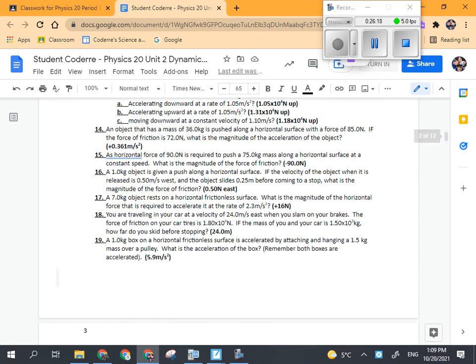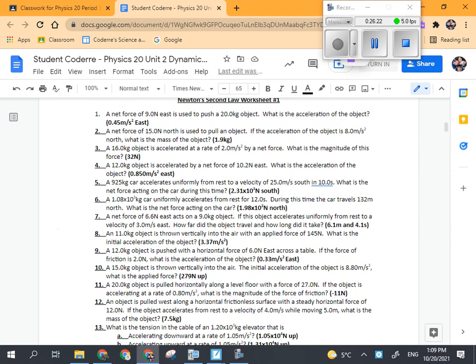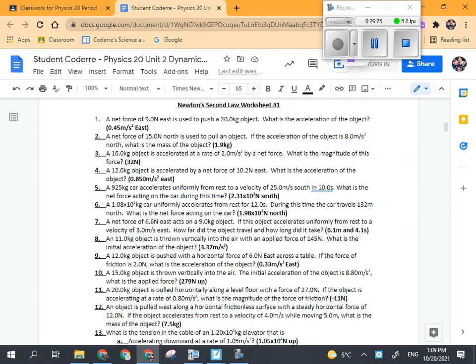So you shouldn't have any trouble with any of the ones on that first page. In fact, you'll probably just burn right through the first like 10, because they're all pretty straightforward. So I'm going to give you some time on those. If there are any that give us trouble, then just ask, and we'll walk through those ones together. This is kind of getting our feet under us in terms of the basics of Newton's second law.